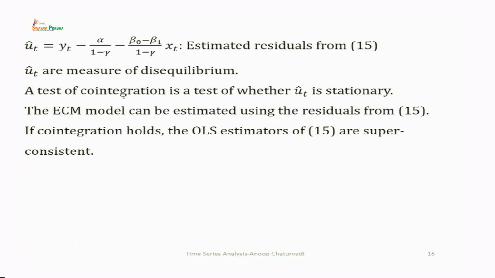Then a test of co-integration is a test of whether u hat t is stationary or not. The error correction model can be estimated using the residuals from 15. If co-integration holds, the OLS estimators of 15 are super consistent.